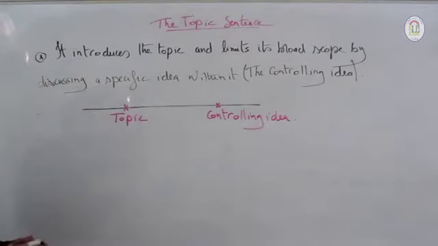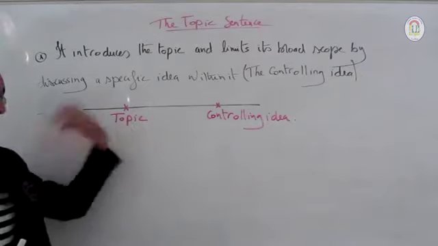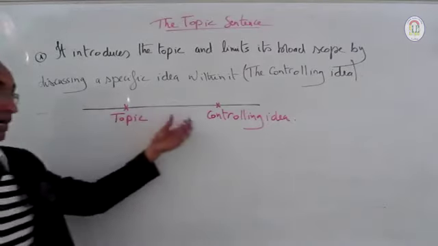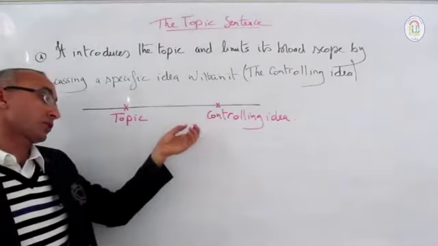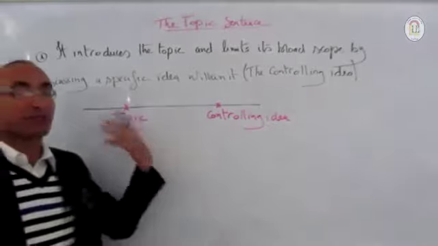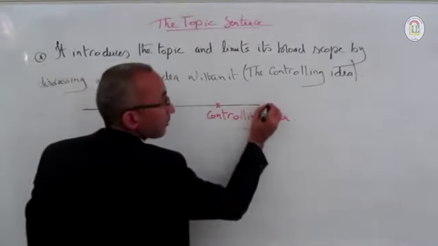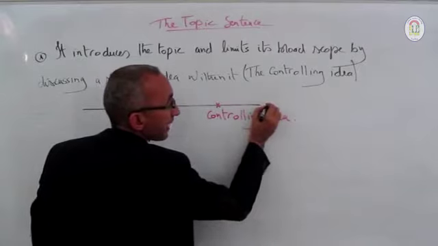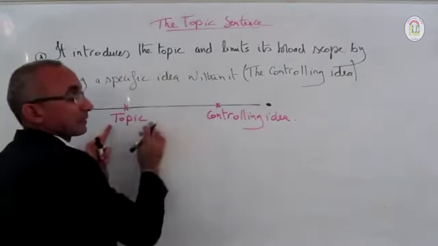Whether you start with the topic first, then you specify, or from the beginning you mention the controlling idea first, then the topic. What matters is that before I put my first full stop, I must include in my first sentence these two key elements.